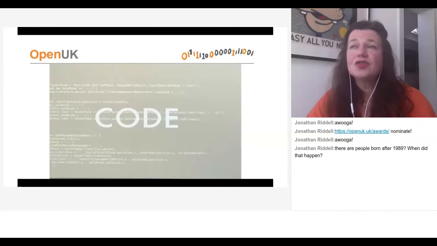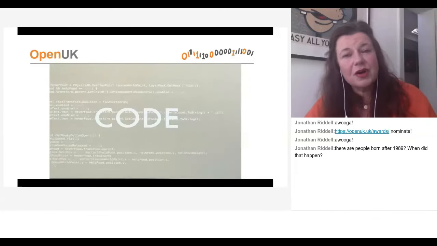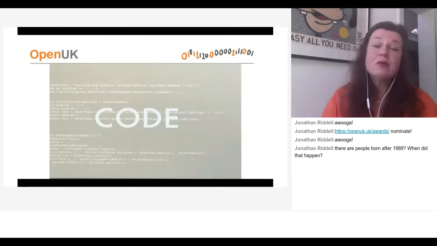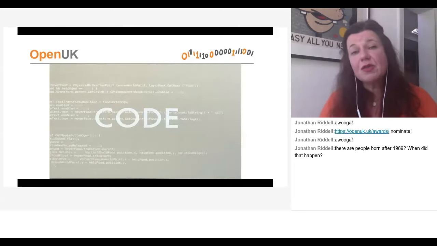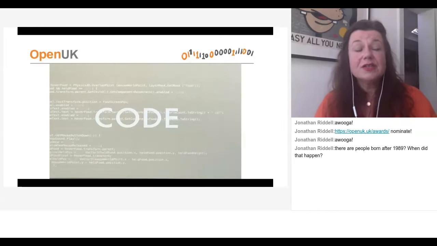Now, Steve, John Laban on my board will tell you that open hardware is critical. And Jenny Tennyson, the CEO at the ODI, will tell you that open data is critical. And OpenUK, we believe in pulling all of those together. But for now, the message I want to share with you is about software. That code sitting under the cloud is open.